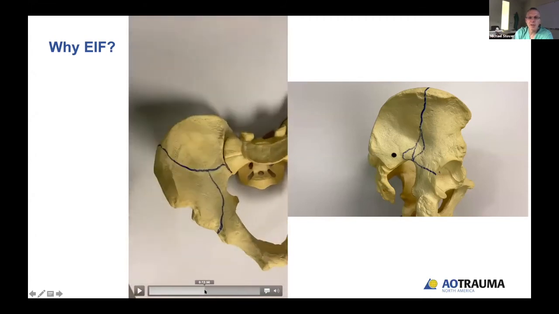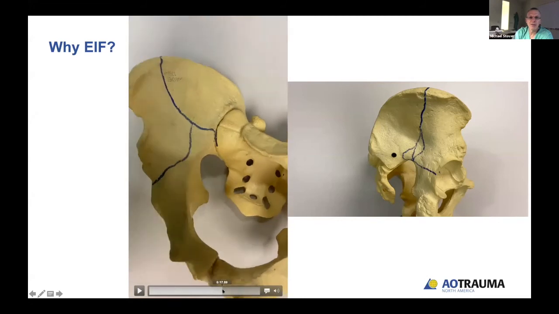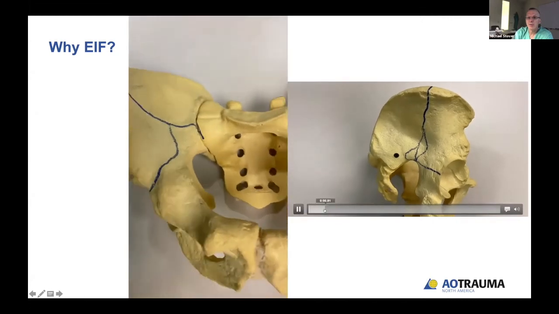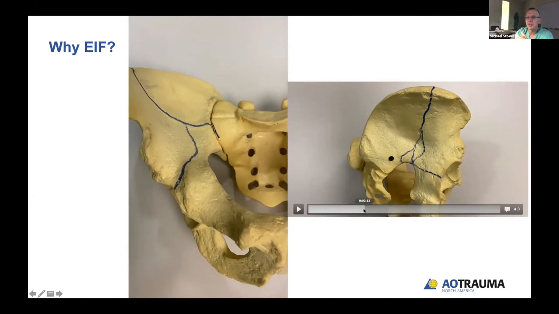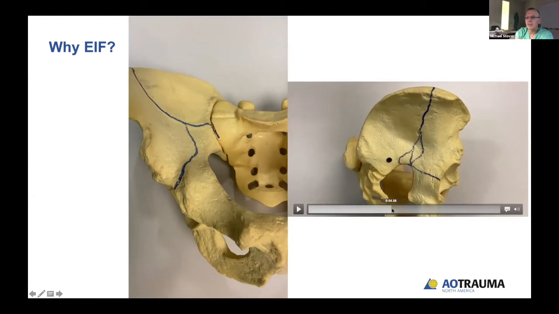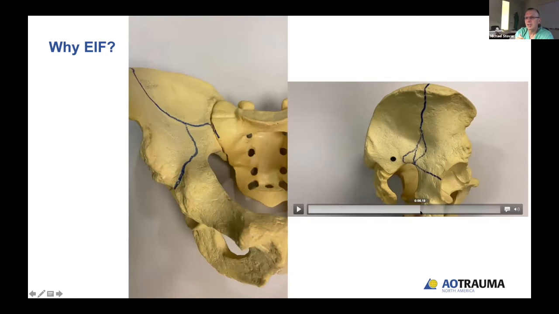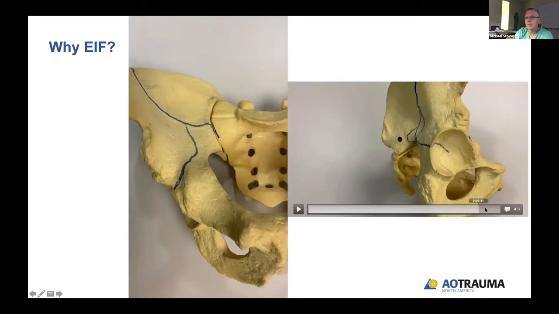So through the lateral window, you'd be able to see the fracture confluence right there, but you really wouldn't be able to follow the fracture of the posterior column down along the quadrilateral surface or into the greater notch, because it would disappear into the SI joint, where with approaches to the outer aspect of the bone, you'd be able to retrieve the fragmentation, and you could easily reduce these simple fracture lines on the outer aspect of the bone. And I don't really think you need to, but you could also have access to the joint for visualization of your reduction.